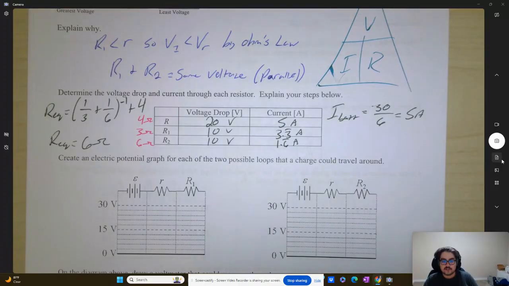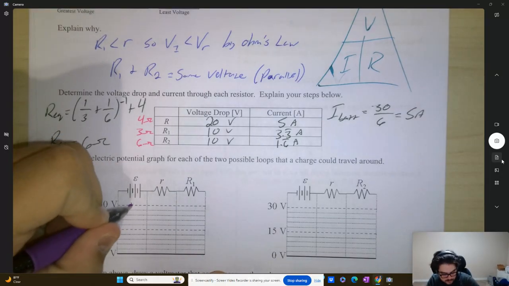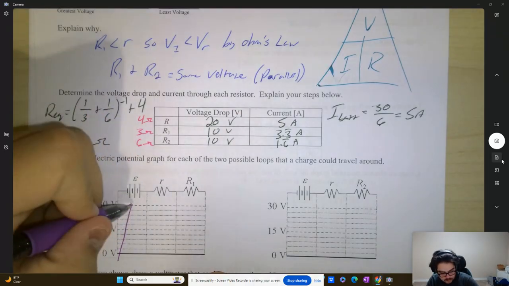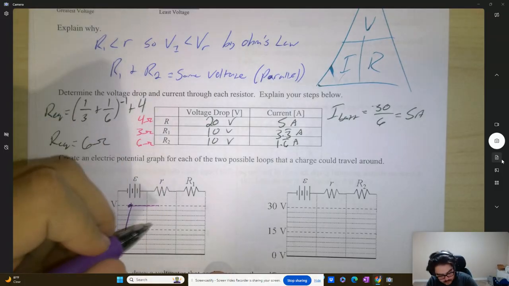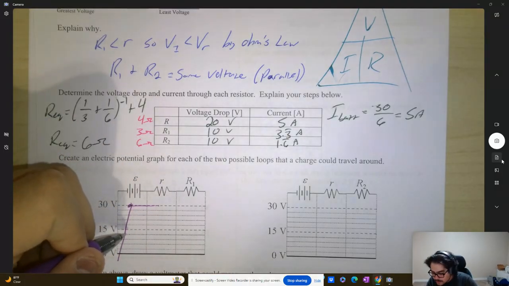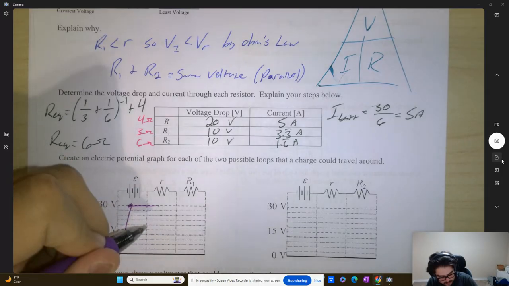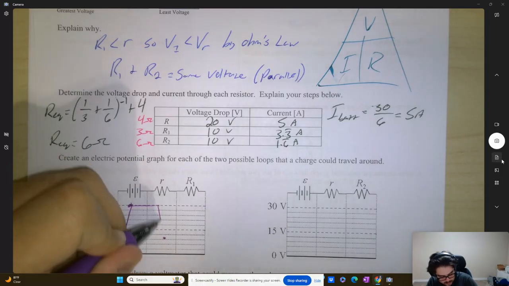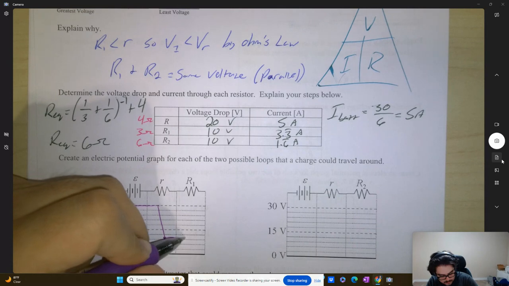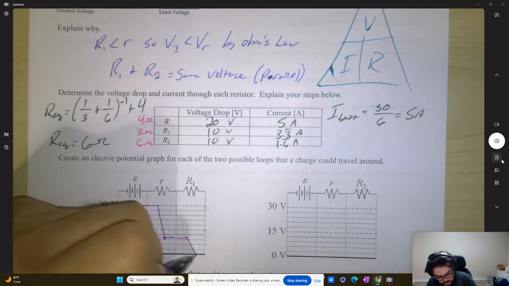So the first 2 segments are going to look the same on both graphs. Then it starts to diverge from that. So the first 2 segments from the battery to the first resistor, it's going to look something like this. And then we drop down. I hate how this graph in particular is set up, because it's like there, and then we should lose the rest here.